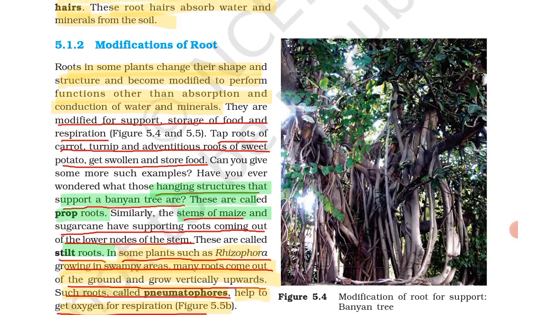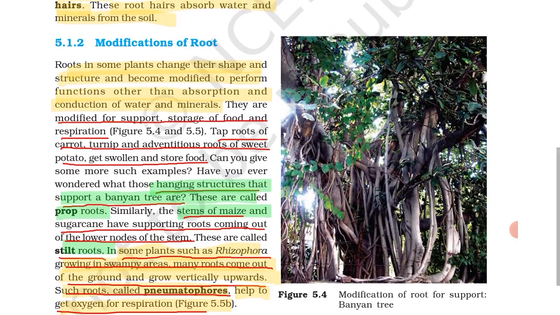Then the taproot of carrot, turnip and the adventitious root of sweet potato get swollen and store food. So the taproot of carrot and turnip and the adventitious root of sweet potato get swollen for storage of food. You can remember the structure of carrot and turnip, they are swollen, and because they are swollen they can store food.